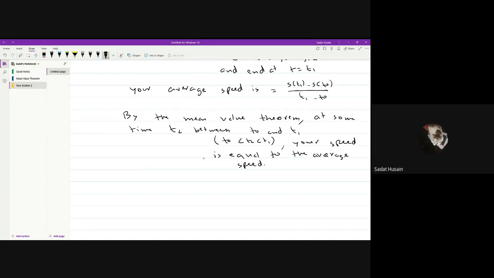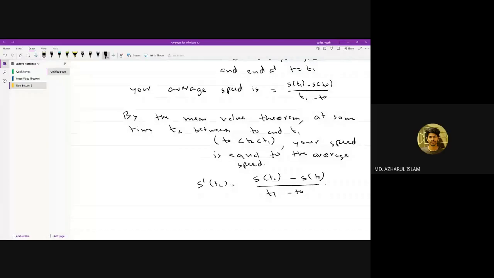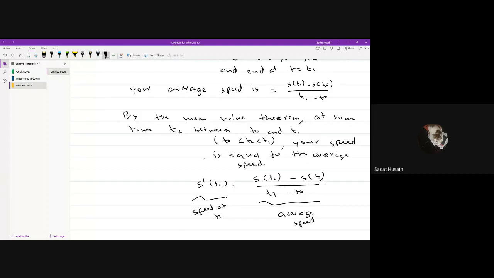Why is that? Because the mean value theorem says that for some t2, s prime of t2 is equal to s of t1 minus s of t0, divided by t1 minus t0. Does that make sense? So this is the speed at t2, and this is the average speed for the whole journey.